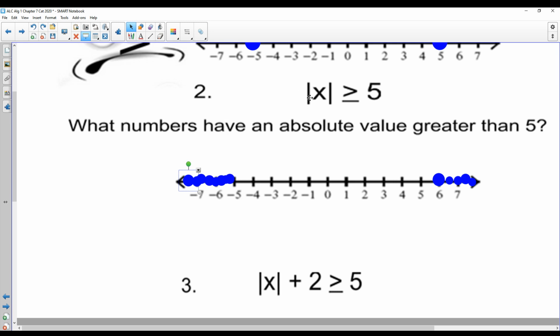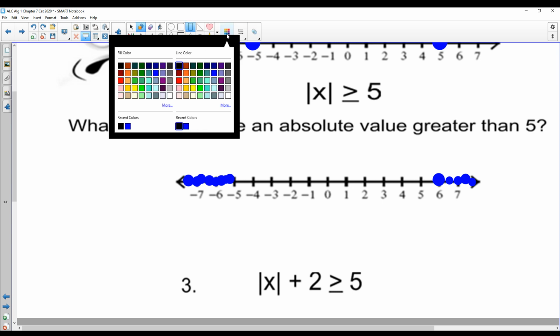So when you solve this, what you do is you break it down. So you imagine that you're splitting absolute value of x is greater than 5 into 2 parts. Let me just block this out so we have a little bit of room to work.